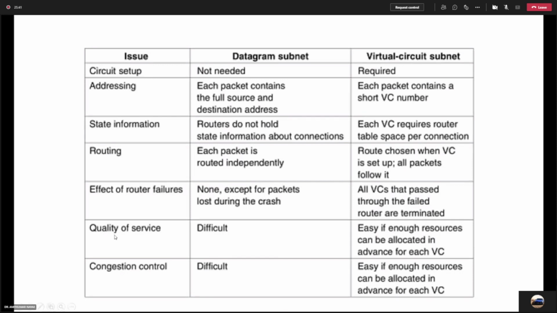So can you please acknowledge whether we have discussed this table or not? No, sir, it's remaining. Okay, so let me explain this table.